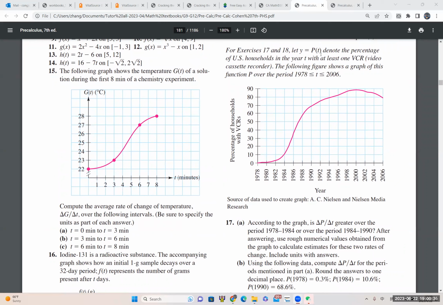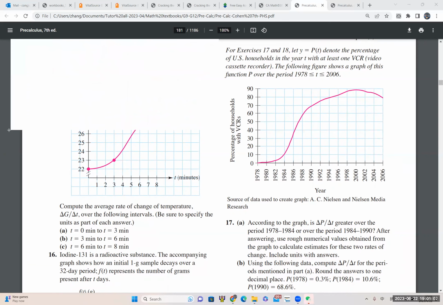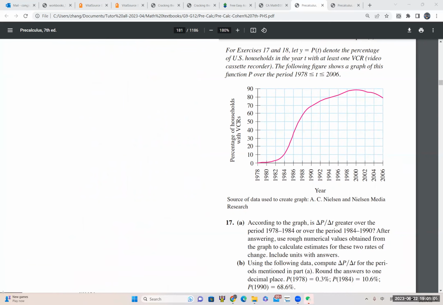17. Let y equal to p of t, the percent of US households in the year t with at least one VCR. The following figure shows a graph of this function over. Anyway, yeah, so Neil, you can write your answer, for example, for part A. For part A, you just write A, right?